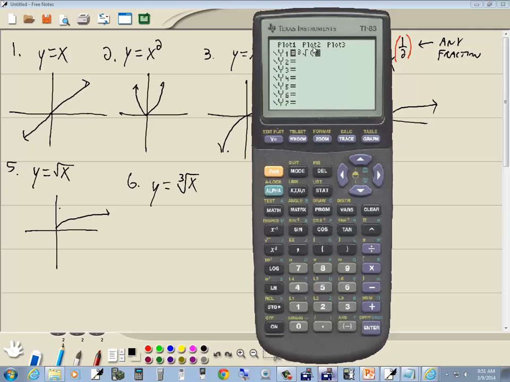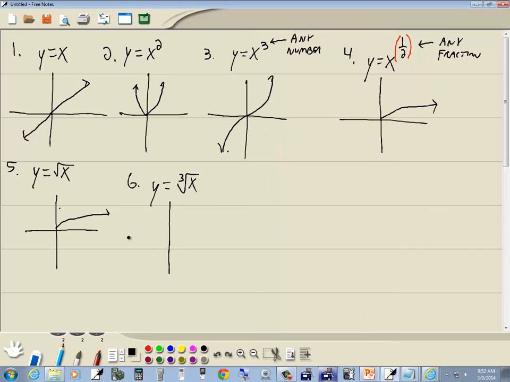It puts a cube root, puts a beginning parentheses for me, so I'll put x, and then I'll put a closing parentheses. And then I press graph. And that's going to give us that right there.